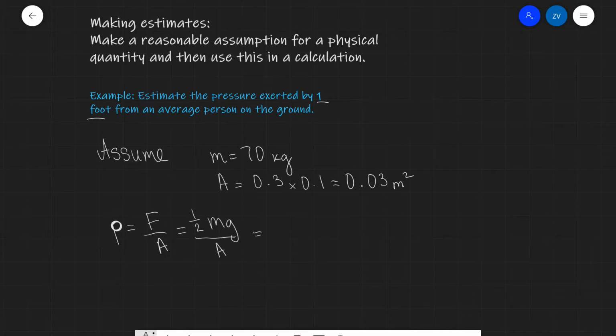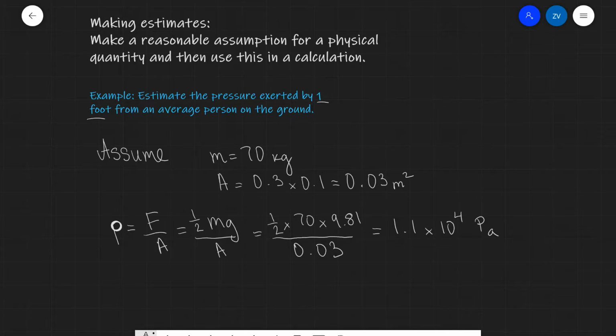So this is equal to a half times m is 70, g is 9.81, and I'm going to be dividing that by 0.03. And if we put this into a calculator, we're going to get about 1.1 times 10 to the 4 pascals. So right about 11 kilopascals or so, and this is our estimate.